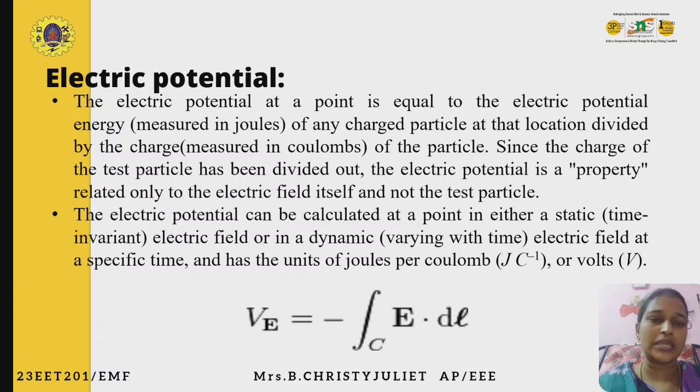This negative sign represents that this potential is always against the electric field. Electric potential is the amount of work done by a unit positive charge that moves from one point to another. It is a property related to the electric field itself, and it is not a test particle.